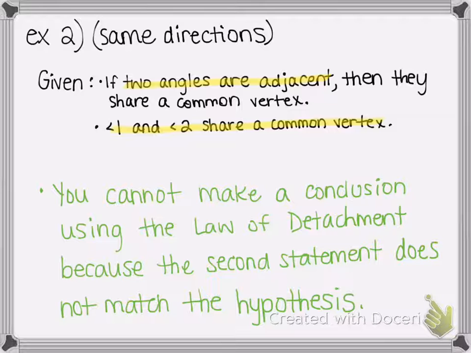Since the two angles are adjacent is your hypothesis and share a common vertex is what your statement is talking about, they don't match up. And if they don't match up, then you cannot make a conclusion using the law of detachment. So your answer will be you cannot make a conclusion.